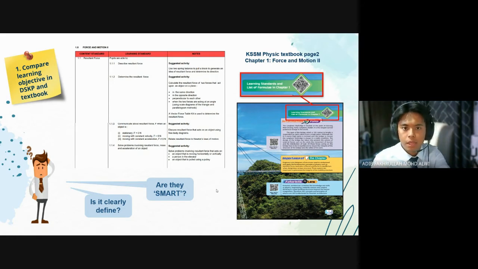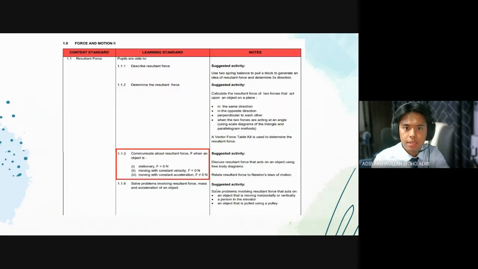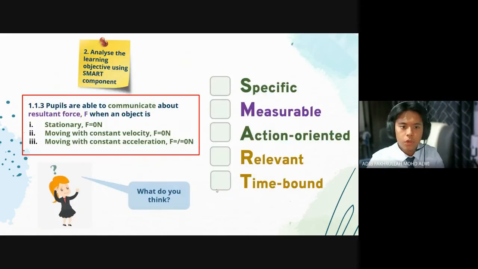So let's analyze one of the learning standard in chapter 1, force and motion, which is communicate. Pupils are able to communicate about resultant force F when an object is stationary, F equal to 0 Newton, moving with constant velocity, F equal to 0 Newton, moving with constant acceleration, F not equal to 0 Newton.